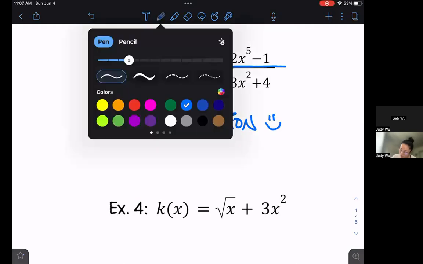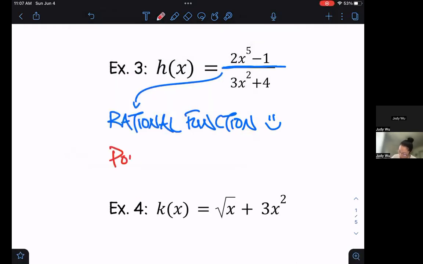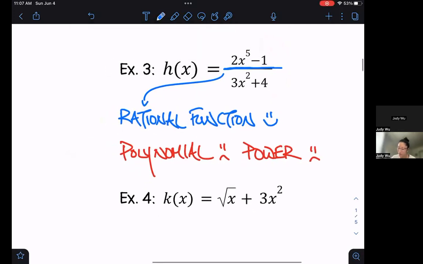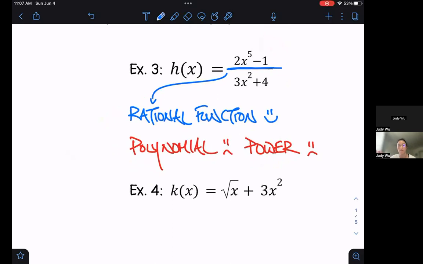It is not a polynomial because I'm dividing here. Okay, and it is not a power function because I have more than one term on the top and on the bottom. So this one, example 3, we would say is neither. It's not a polynomial or a power function.